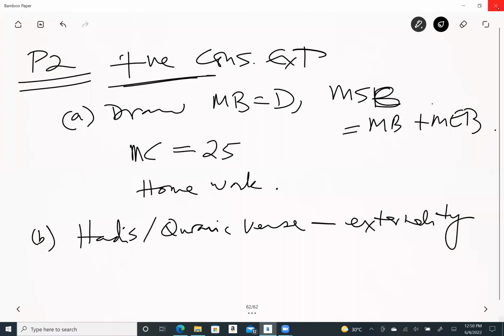Anybody who found that ayat ke hadis ke, share with us on Monday.